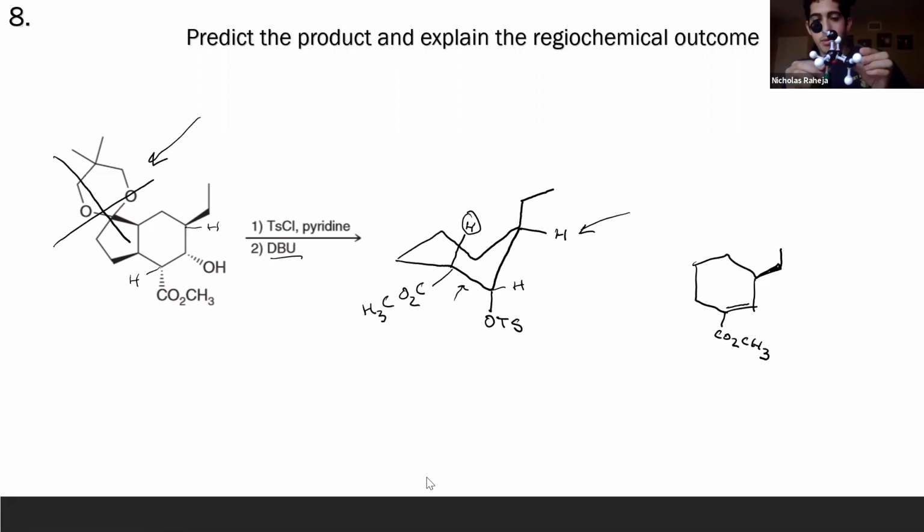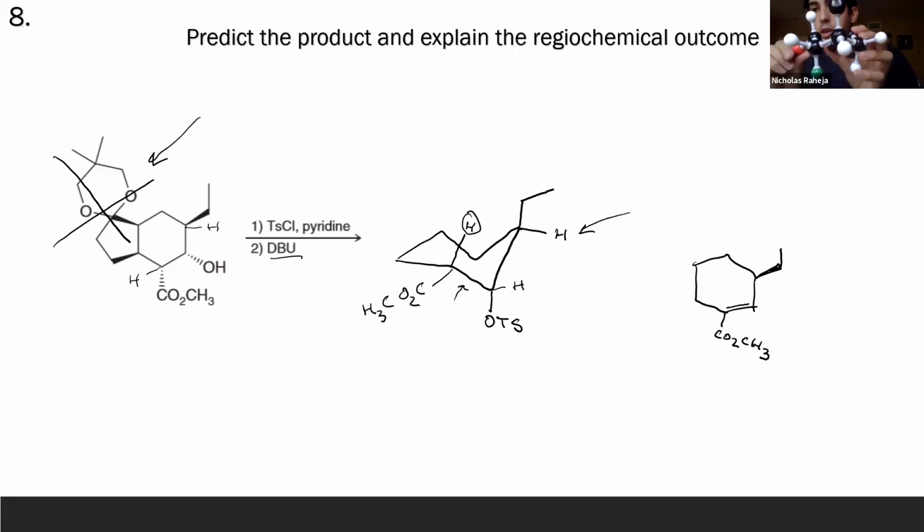But let me make it so you guys can see things here. So here is your leaving group. This would be the tosylate, okay? And this red ball here simply is the CO2CH3 group that you see at the bottom, abbreviated.